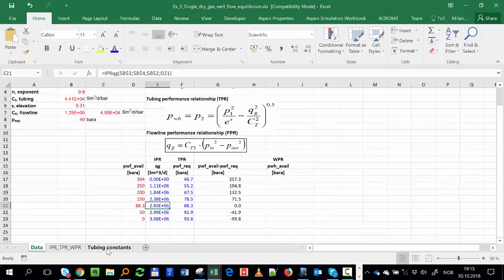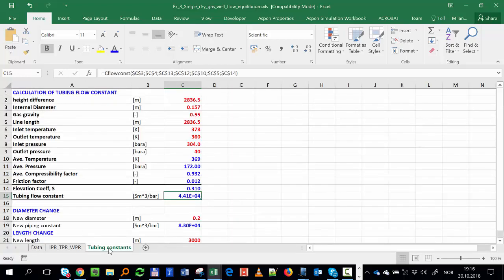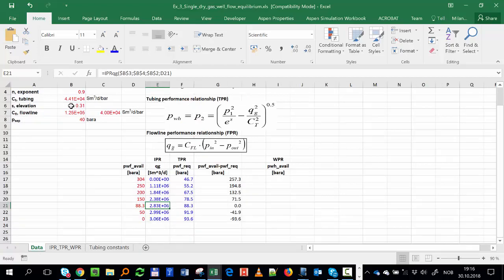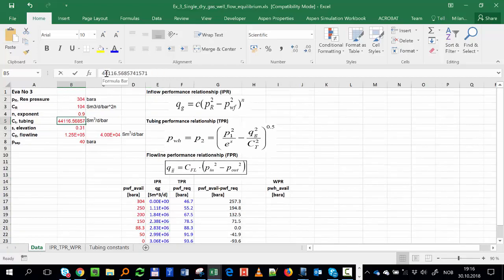So let's see how that affects the CT. Instead of being 304, now it's 88.3. Okay, 435. So that's the real constant that I should have used. So I can go back, just copy that number, or I just write it down here, and I put 435.